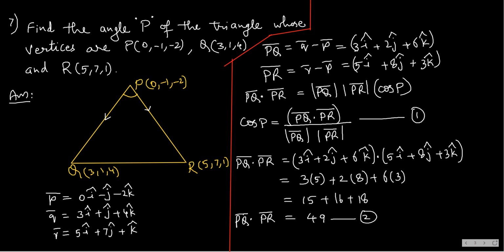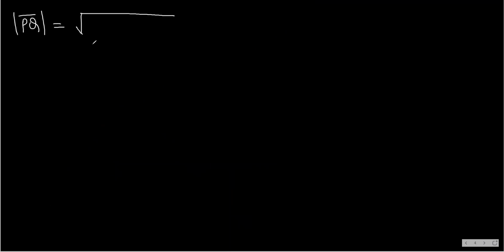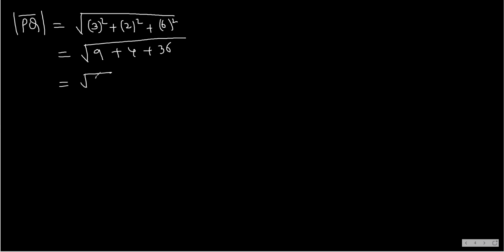Mod of PQ bar is square root of 3 square plus 2 square plus 6 square, that is equal to square root of 9 plus 4 plus 36, that is square root of 49, that is equal to 7. So I got mod PQ bar as 7.